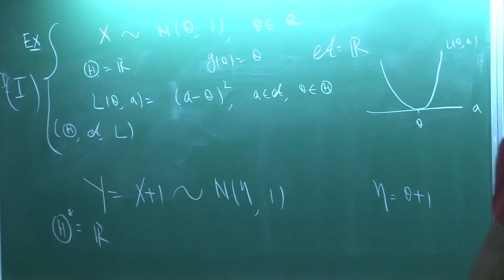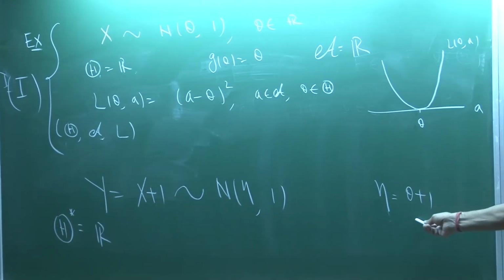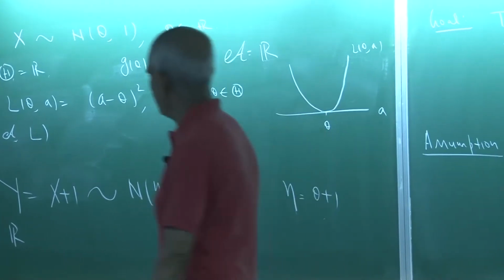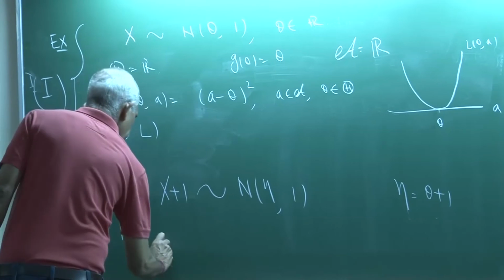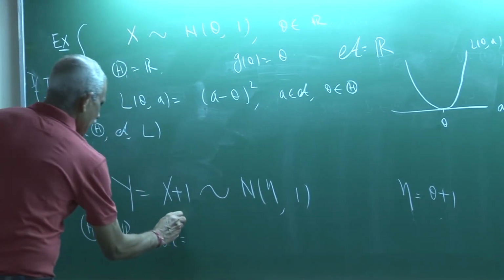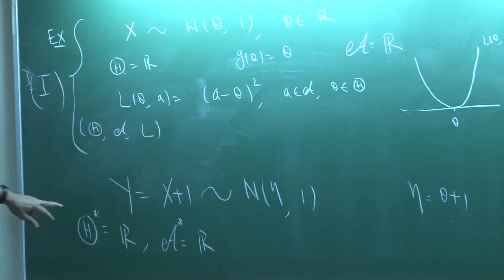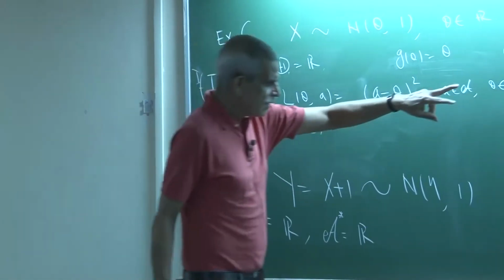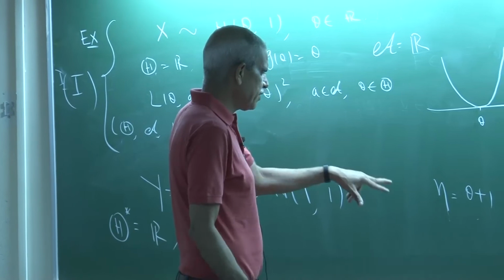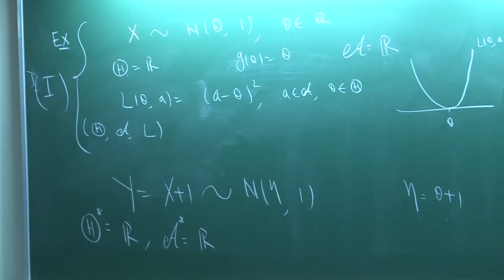But what is the action space? The action space is the collection of all possible values of eta. If theta takes real value, theta plus 1 also can take any real value. So my action space also remains the same. So let me call this A star, which is the same as whole R. So theta star and A star denote the parameter space and action space for this problem when you are interested in estimating eta.